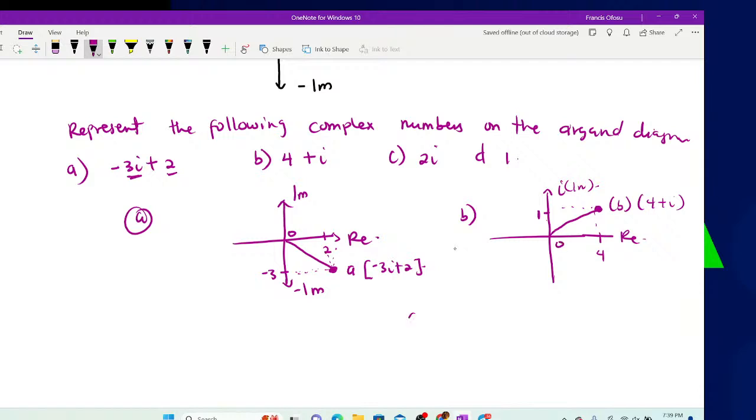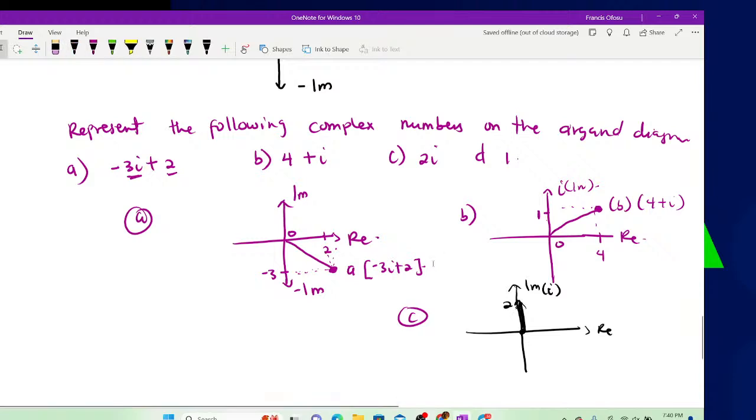Likewise C. So C will be represented as, I'll have my complex plane this way, and it's 2i. The real part is 0, meaning that I'm going to represent it on the imaginary axis, which is 2i. So I'll just mark 2 here because this axis has the imaginary entries. So from the origin 0, it will just fall here.